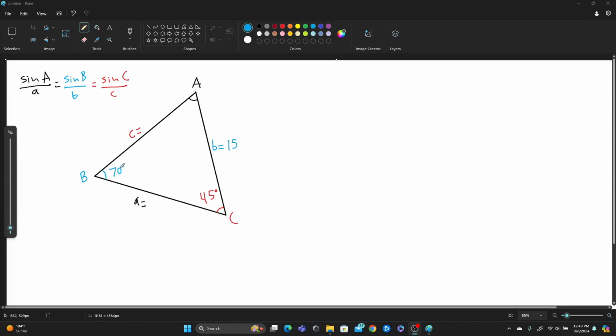First of all, the first thing we notice is that we have angle B and side B. So we can start by writing sine of 70 degrees over side B, which is 15, is going to be equal to, since we have angle C, let's start by trying to find side C. So we know that sine 70 over 15, sine B over B, is going to be equal to sine 45, because angle C is equal to 45 degrees, over side C.